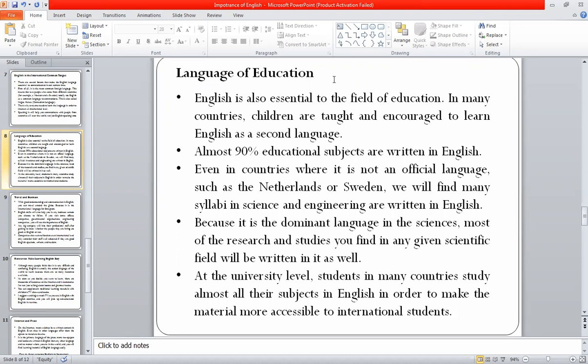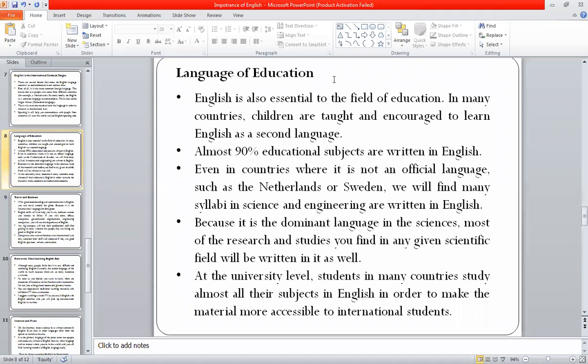English we are using as a second language. So where is this language used as a first language? There are different countries like Britain or England, then USA, then Canada, Australia, New Zealand.